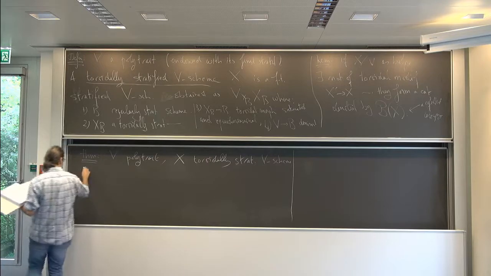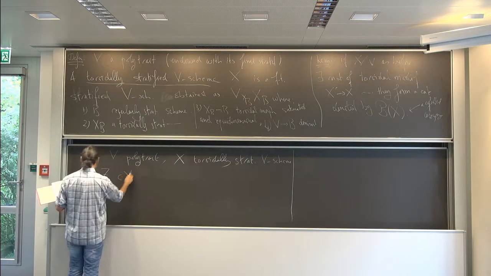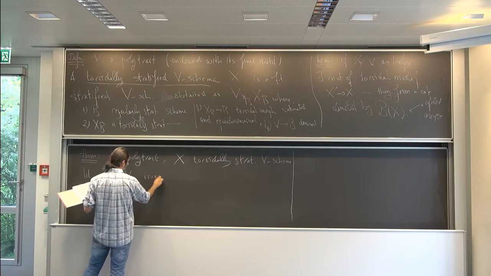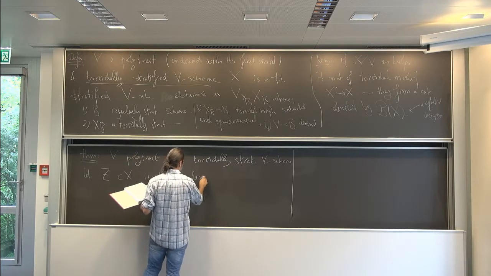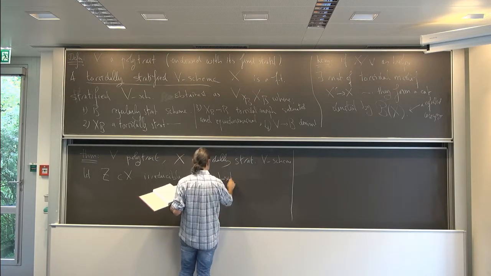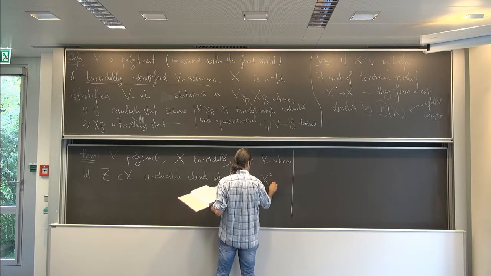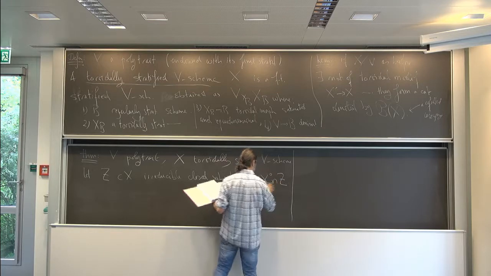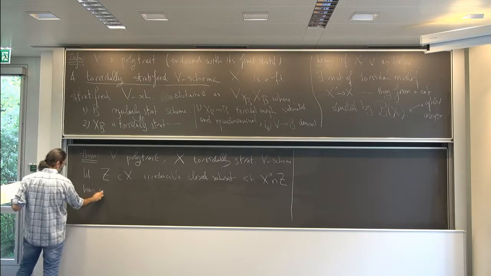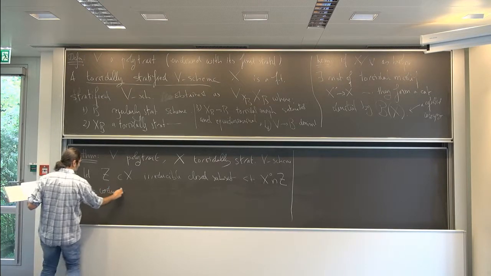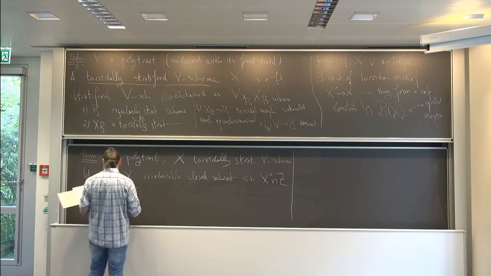Let Z inside X be an irreducible closed subset such that the intersection of the open stratum with Z has codimension larger than R, of course in X0.